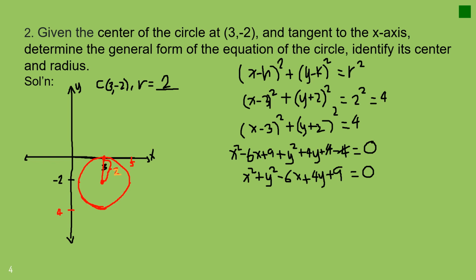So therefore, this is it. So our answer, the general form of the equation of the circle, given that the center of the circle is at 3, negative 2, and that the circle is tangent to the x-axis, is x squared plus y squared minus 6x plus 4y plus 9 equal to 0.